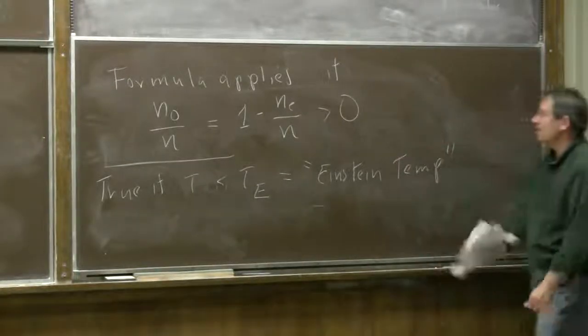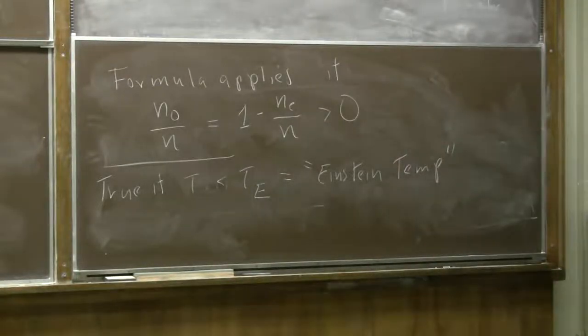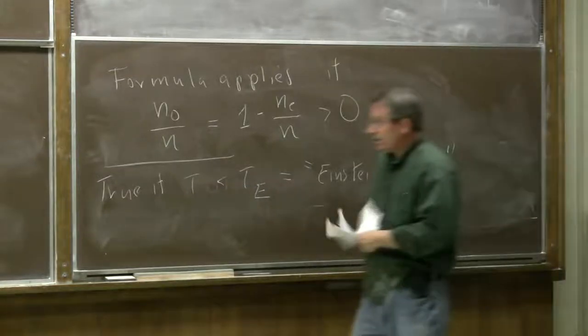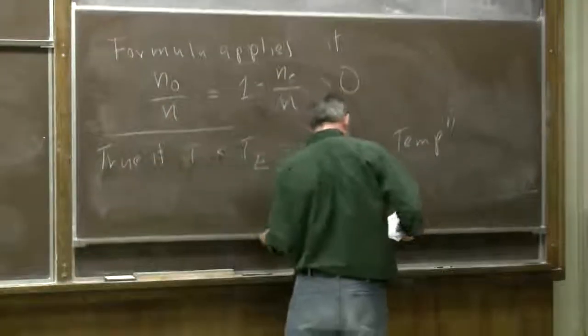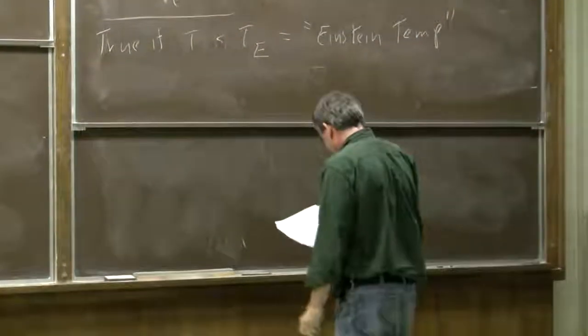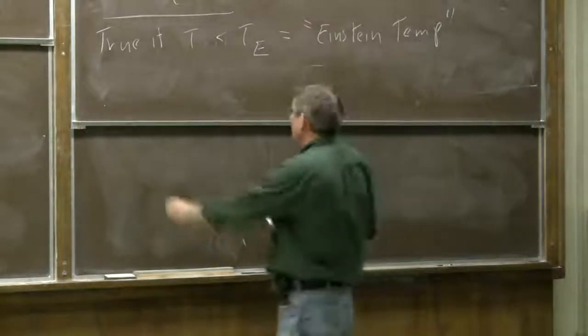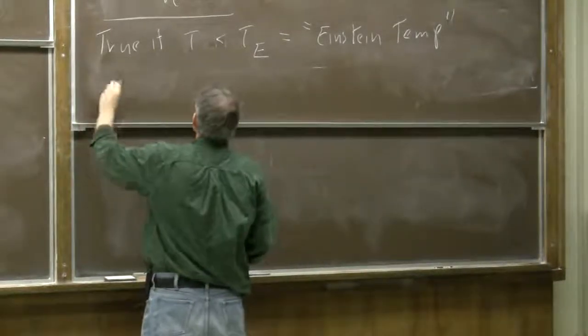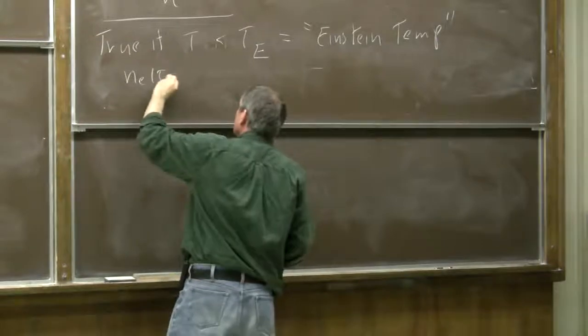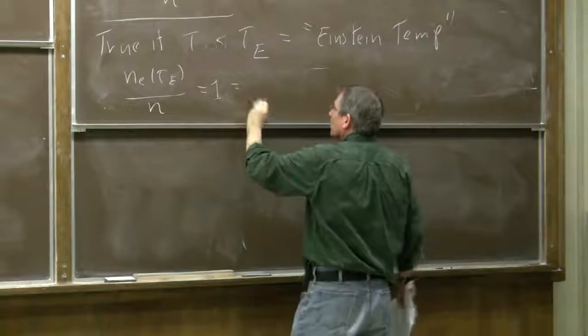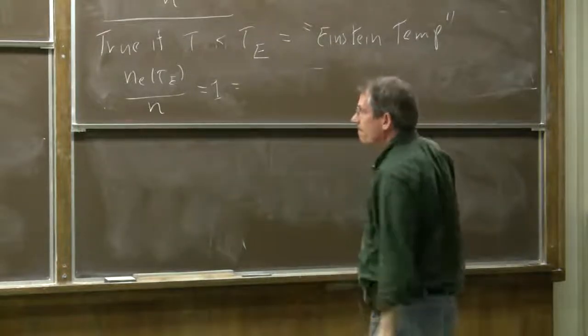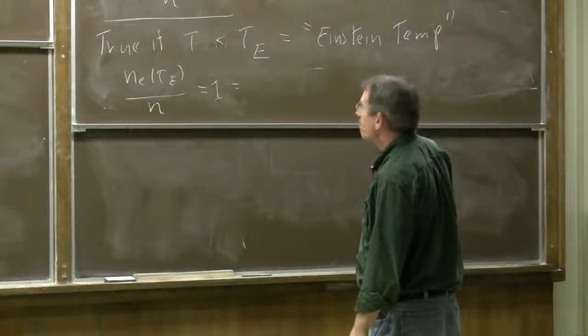And if the temperature is less than tau Einstein, N_E over N will be less than 1, because N_E over N is proportional to tau to the 3/2, increases with tau. So from N_E of tau Einstein over N equals 1, yeah, I guess that's right.